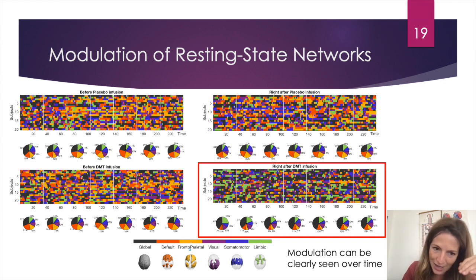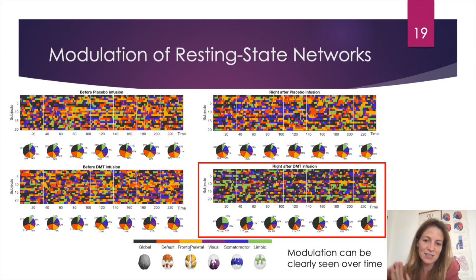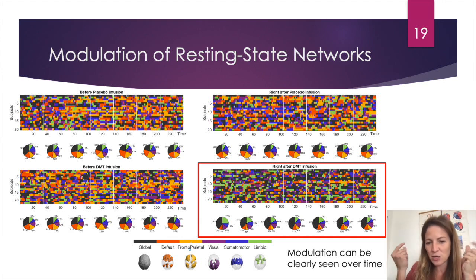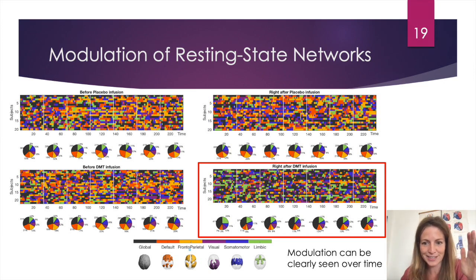And simultaneously, the default mode network and the frontoparietal, which are significantly suppressed, start increasing again over time. And so, in a way, DMT is nice because it has a very rapid action, so it's not a long-lasting effect. And so we can capture the whole experience inside the scan.